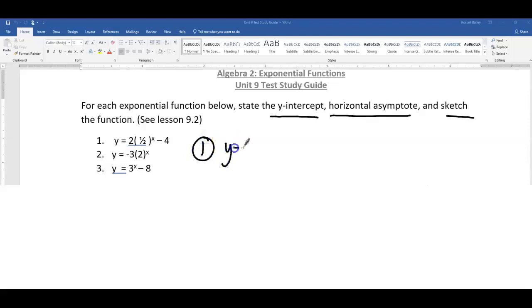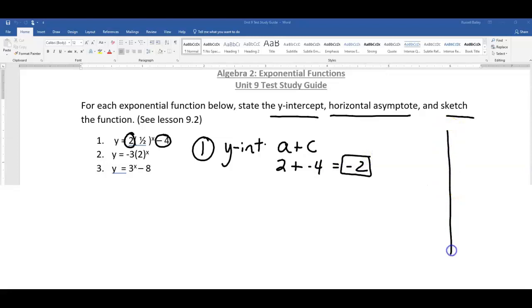The y-intercept can be found by doing a plus c. On this particular problem, the a is 2 and the c is -4, and so my y-intercept would be -2. That means that's where it touches the y-axis.